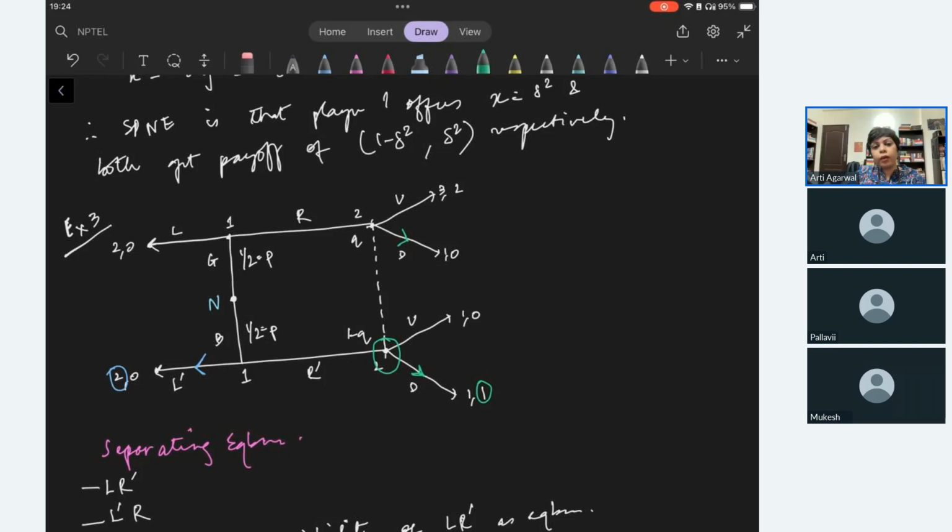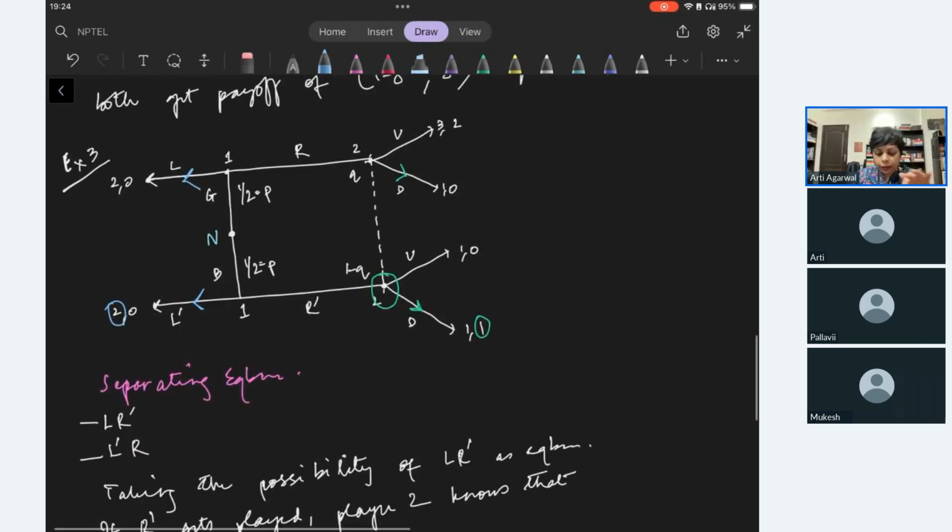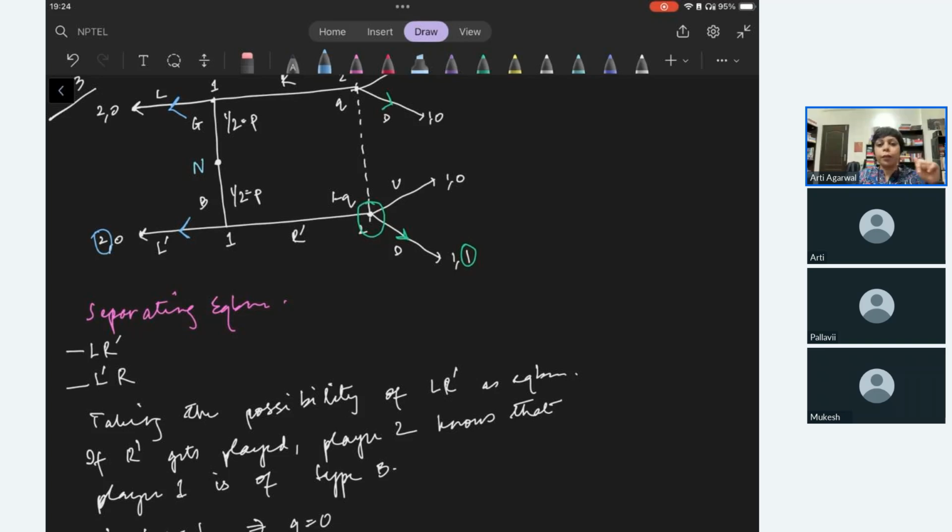Whereas if player 1 chooses L instead of R, his payoff is 2. So he is going to want to choose L here also. Right? So this means that the L part is correct, but R prime is not correct, right? Therefore, L R prime is not an equilibrium.